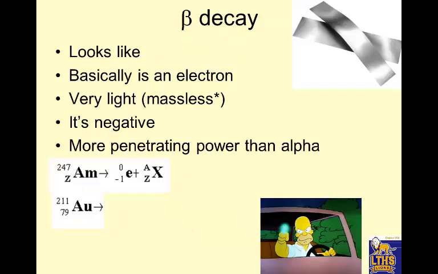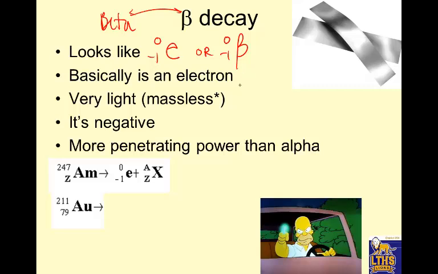All right. Hey, what about if it doesn't give off alpha radiation? Well, there's also beta decay. Beta looks like a 0 and a -1e, or 0, -1 beta, right? Because it's really equivalent to an electron. So E for electron, -1 for charge, 0 for mass.